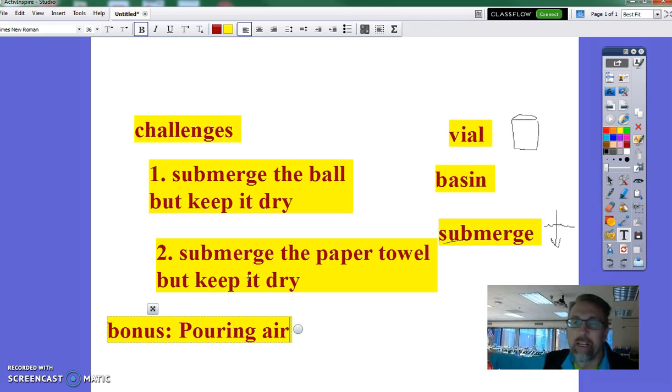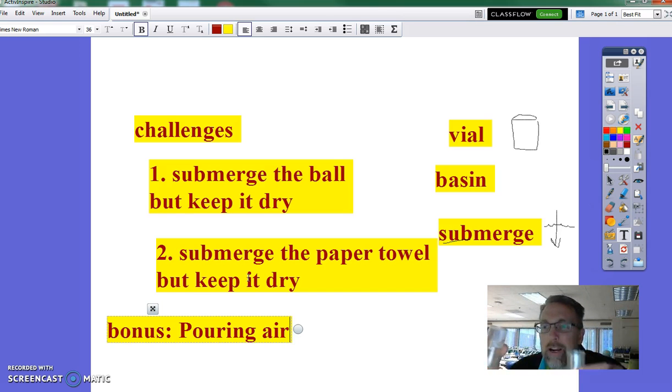And we're going to be pouring air. Pouring air is awesome. So this one, I encourage you to go home and take a science bath. When you go into your science bath, sit down and bring in all those extra cups like yogurt containers or plastic cups or anything.